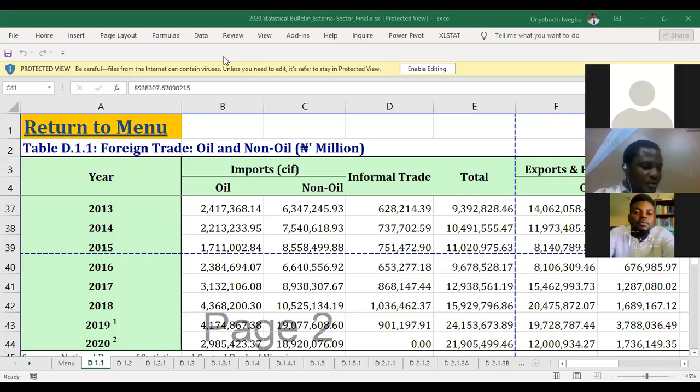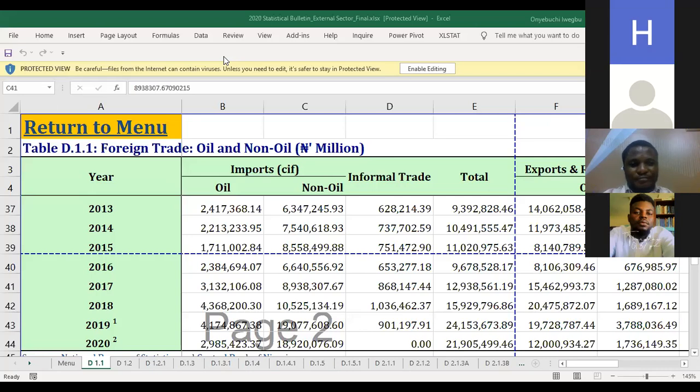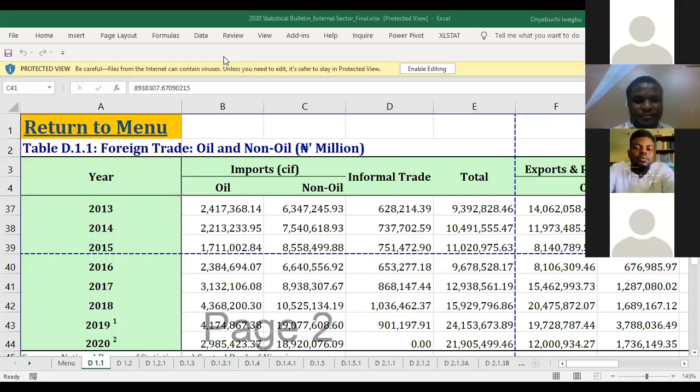Abdurrahman Sanut. Looking at the data, I think the contrast between the imports and exports is what I'm looking at.